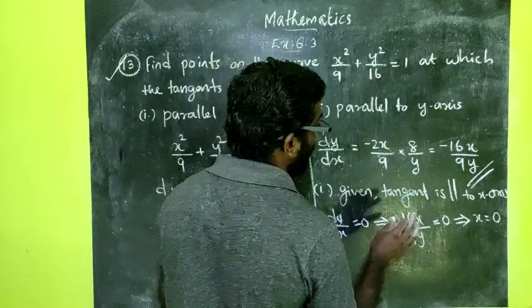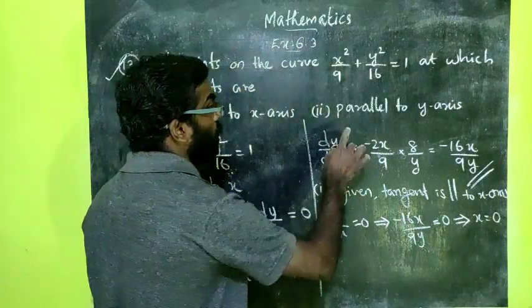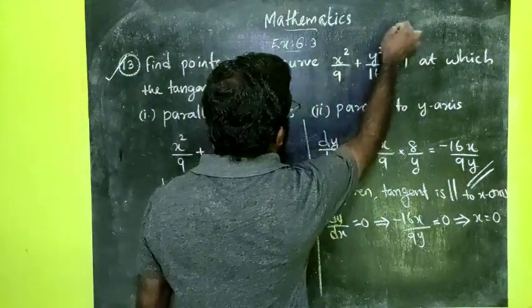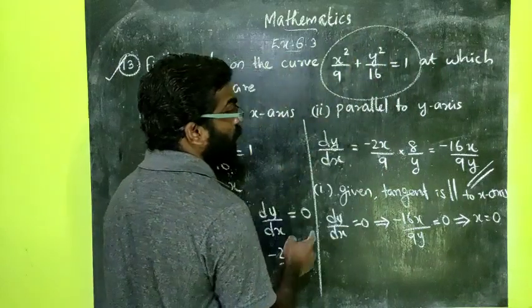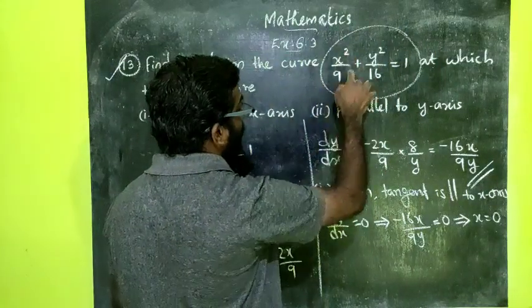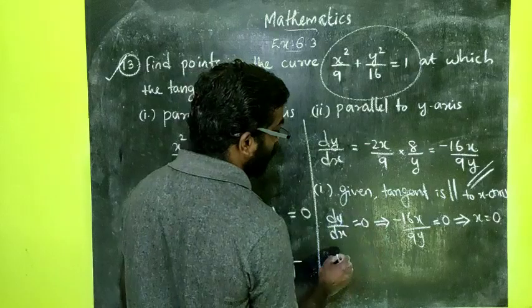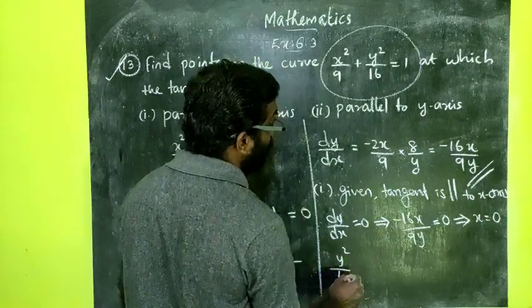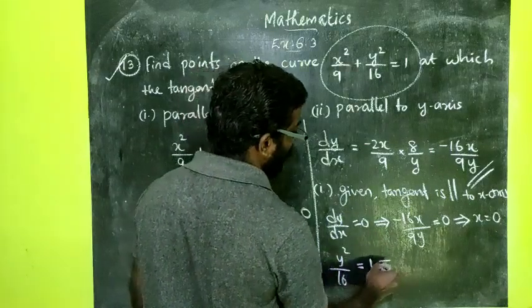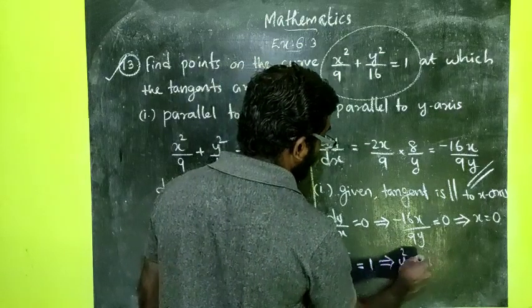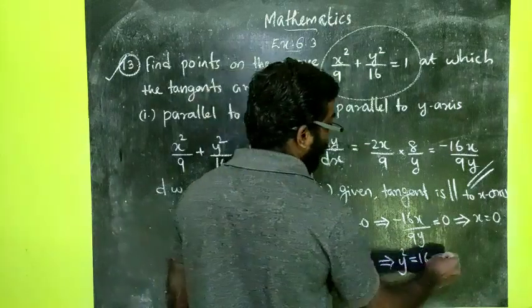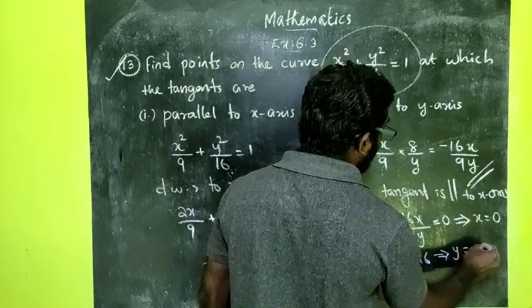Now you have to find the corresponding value of y by putting x equal to 0 in the given curve. So x equal to 0 means the first term vanishes, that is y square by 16 is equal to 1, which implies y square is equal to 16 and y is equal to plus or minus 4.